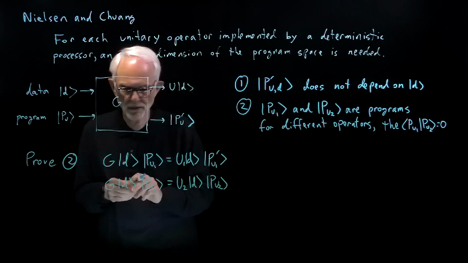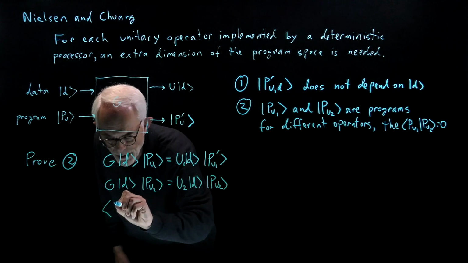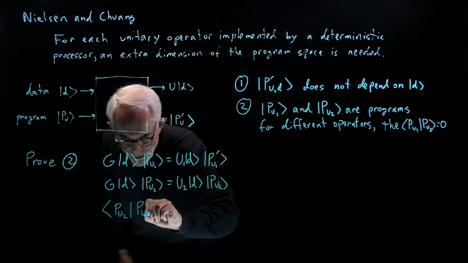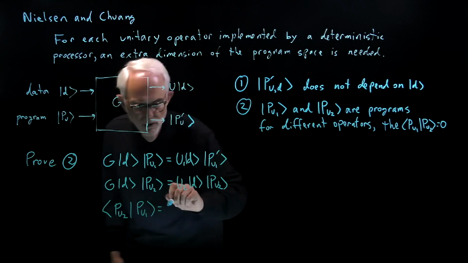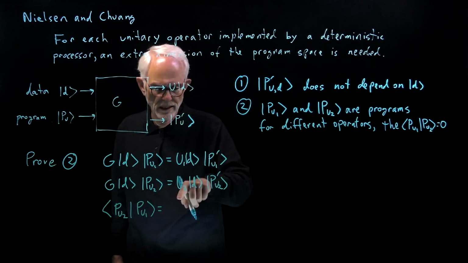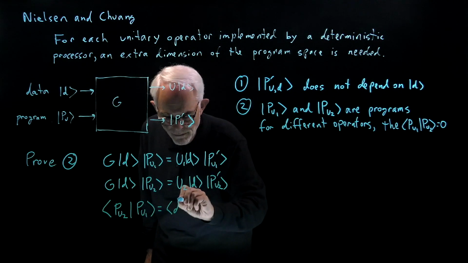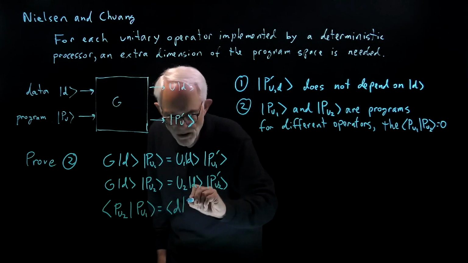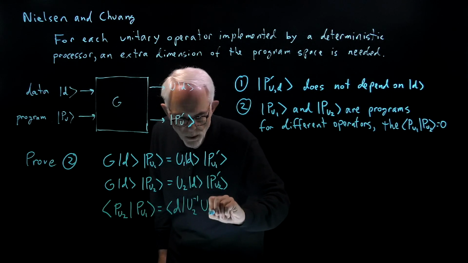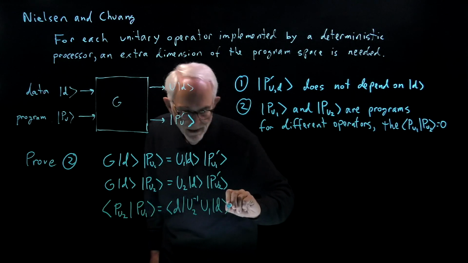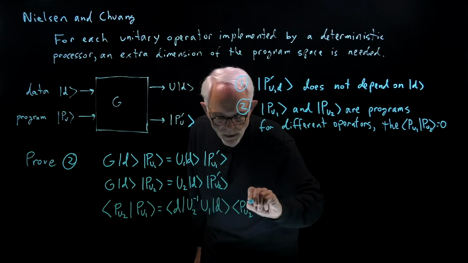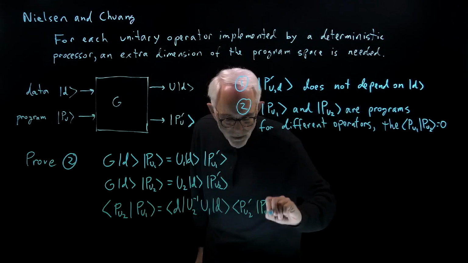So on the left-hand side I'm going to get P U2 P U1 is equal to, then I'm going to get a D and then a U2 inverse U1 D, and then I will get a P U2 prime, P U1 prime.